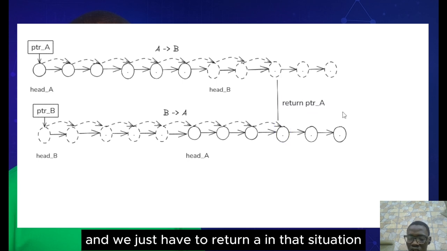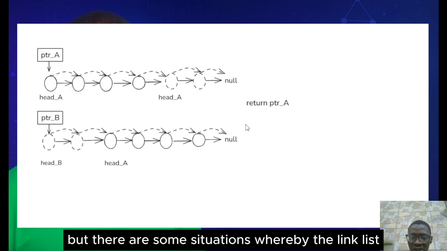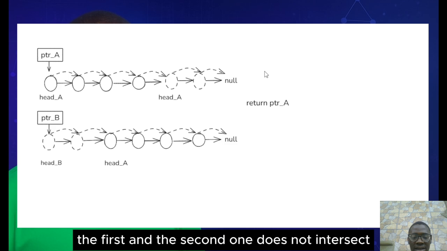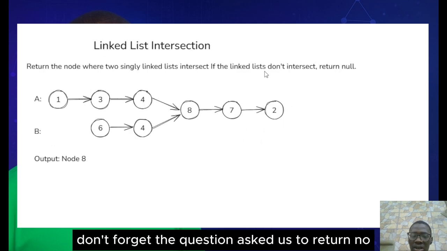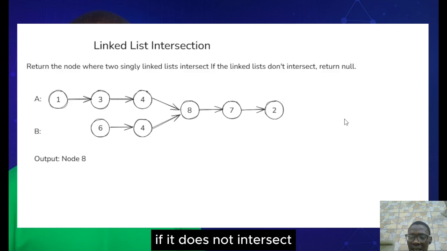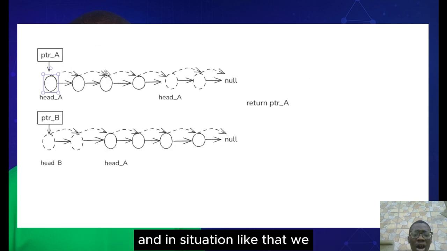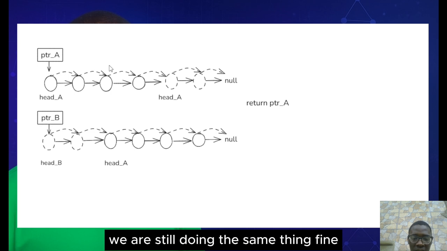But there are some situations whereby the first and the second linked lists do not intersect. Don't forget, the question asks us to return null if they do not intersect. So there is a probability that they will not intersect, and in a situation like that, we are still doing the same thing.